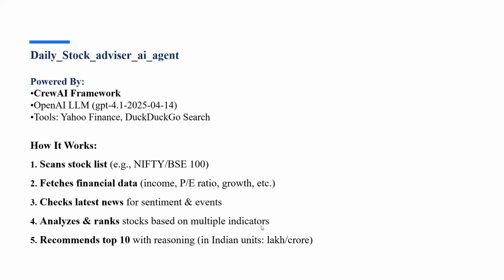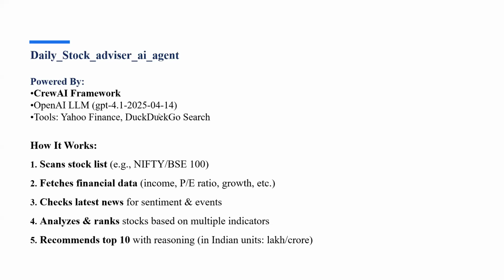Now our today's AI agent will help us to choose a daily stock. For that, we are using the same CrewAI framework. Second, we are using OpenAI's API, and currently we have chosen GPT 4.1, which is the latest GPT.